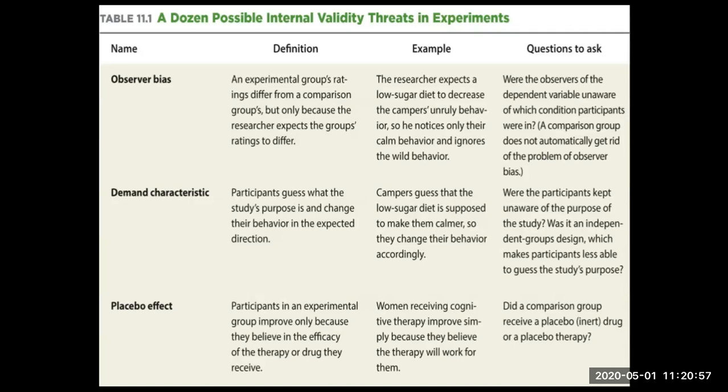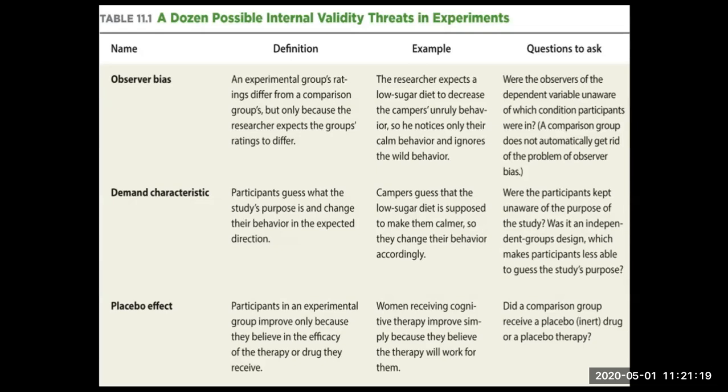In this case, campers guess that the low sugar diet is supposed to make them more calm, so they change their behavior and become more calm. They want to do what's expected, right? Or people claim that they're less depressed when they know they're taking the actual antidepressant as opposed to the placebo. So were the participants kept unaware of the purpose of the study?